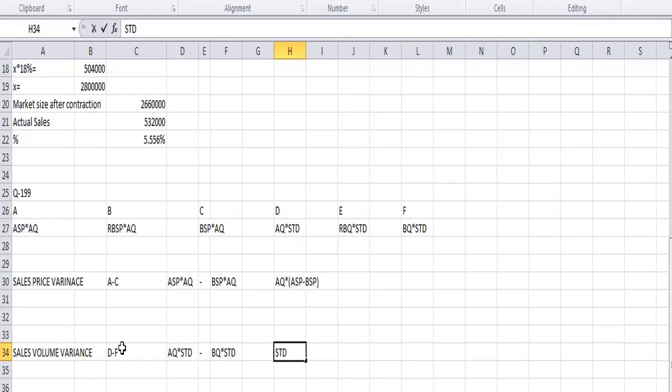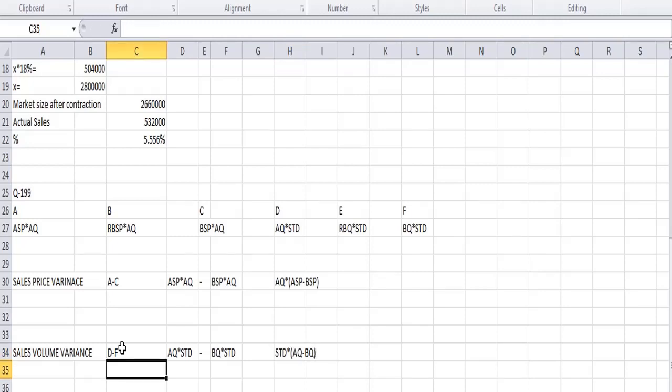STD. STD means it will be either standard margin or standard contribution, depending on what the question has told, whether it is a marginal or absorption costing system. In case of a marginal costing system, it will be the standard contribution per unit. In case of an absorption costing system, it will be standard profit per unit. So AQ minus BQ.